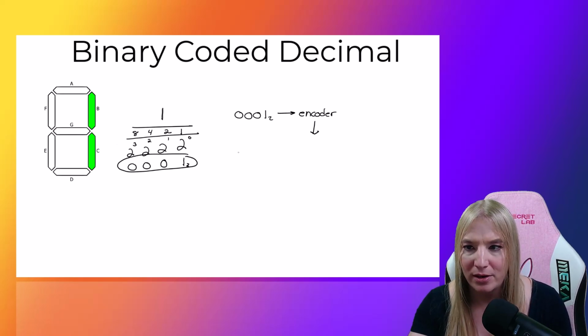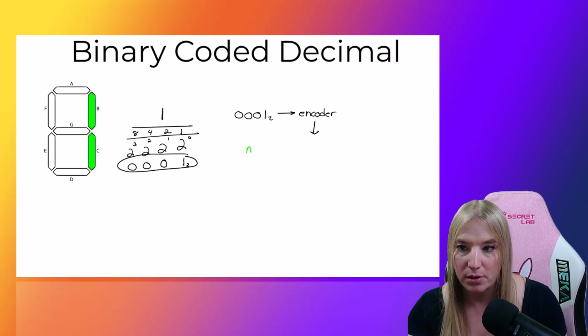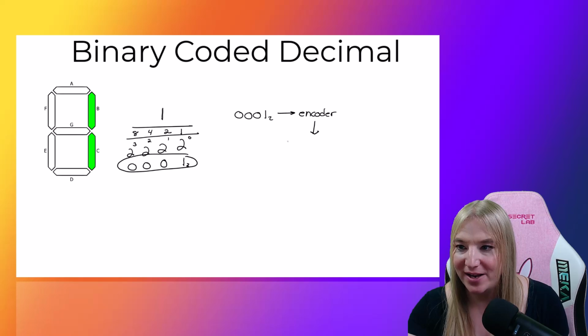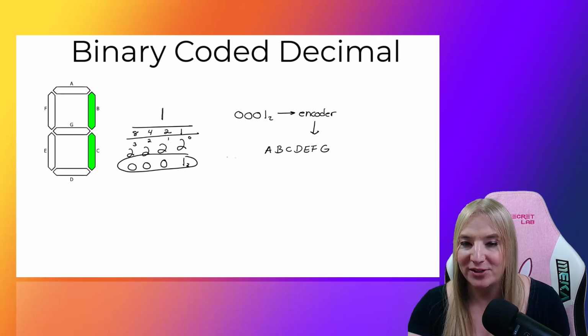All right. And when we do that, think of it like this. We have segment A. That's really hard to see. Sorry, guys. So we have in our encoder, the output of this little encoder process is going to be segment A, segment B, C, D, E, F, and G. Something like this right here. So the way this works is the A position segment is going to be turned off, so it's going to be a 0.